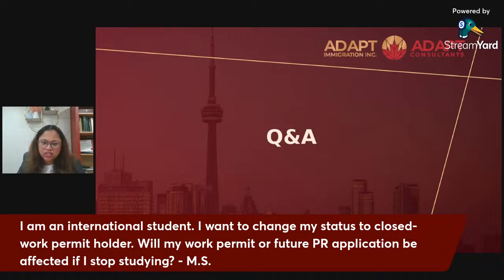My advice would still be to complete your studies, but depending on your situation, we can have a chat as to why you really want to go on a closed work permit. Is it because you have an amazing opportunity with an employer, or is it because you just want to get on the work permit faster? So it depends. There are a lot more questions to answer for your question. So reach out to us, and we can help you answer this more effectively.